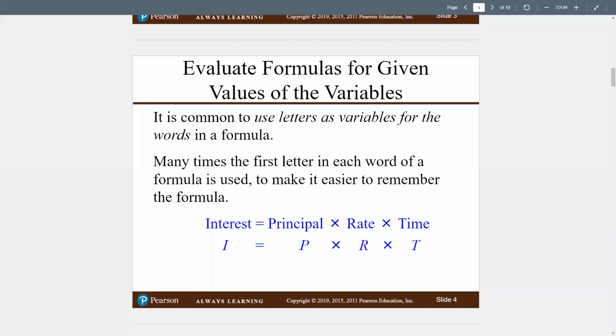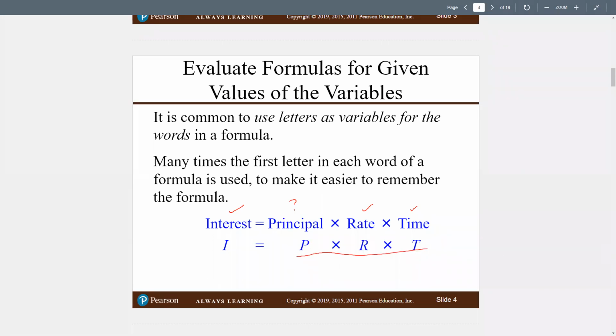So yeah, what's going to happen is we'll have to have a little bit different of a scenario going on. So if we want to find principal, but we know the other three, and I will tell you that you must know the other three in order to find one, then yes, we are going to move the principal over, but right now I would get rid of what's with the principal.